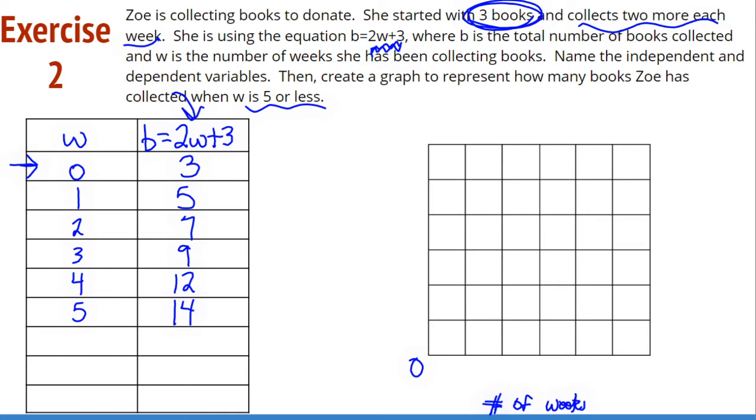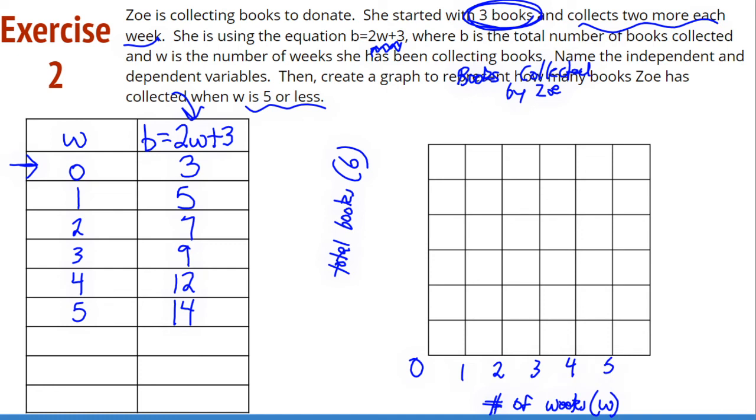I've got the total books, which is B, and the weeks is W, and I've got books collected by Zoe, and I've got 0 weeks, 1 week, 2 weeks, 3 weeks, 4 weeks, 5 weeks. All right.